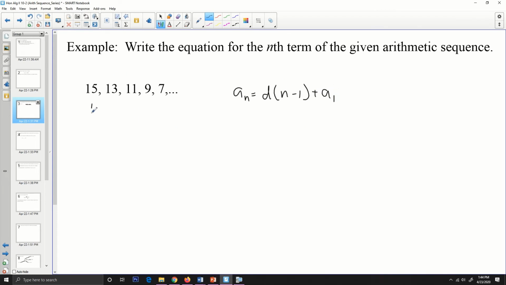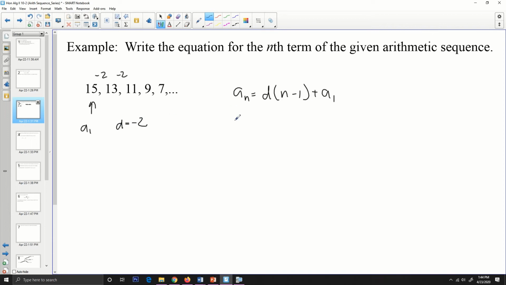So here is my a sub 1, so we'll plug that in there. We need to figure out what the common difference is. When I go from 15 to 13, what am I adding here? Well, I am adding -2, and then I add -2 to go from 13 to 11, -2. So my common difference is -2.